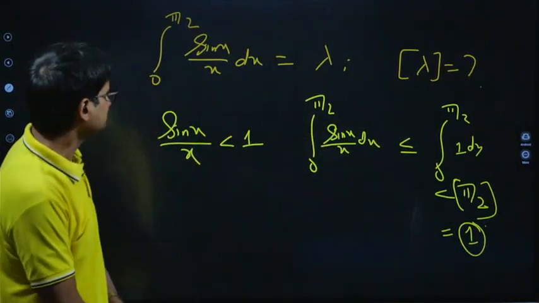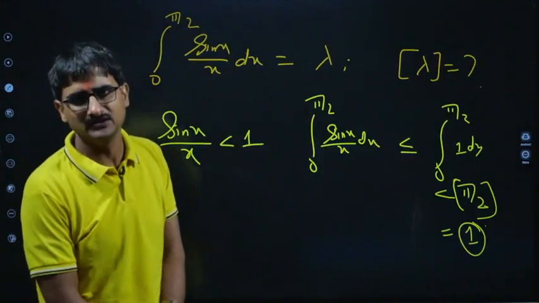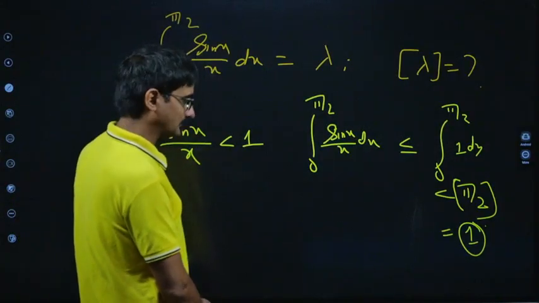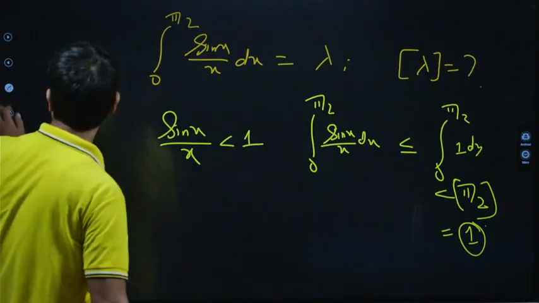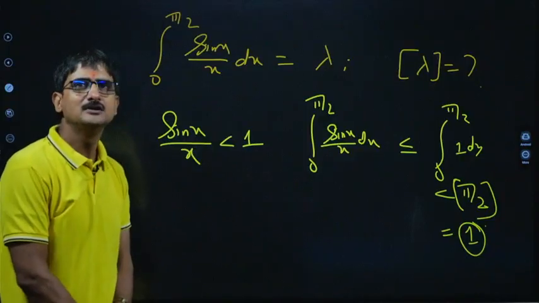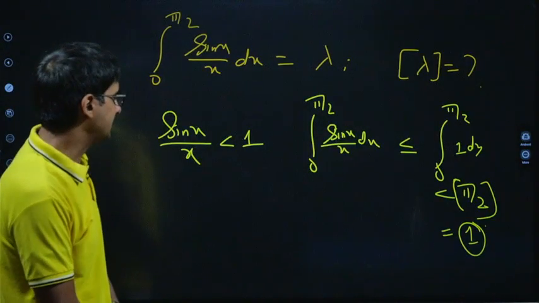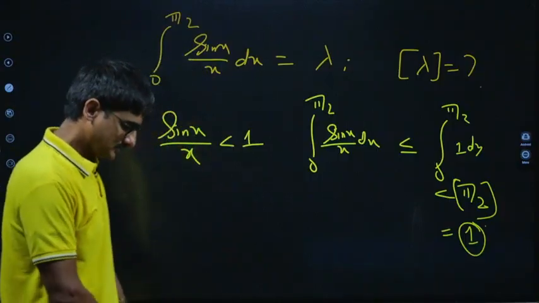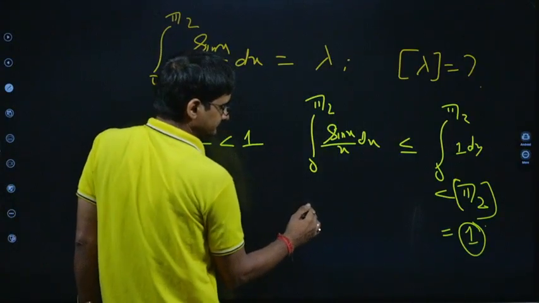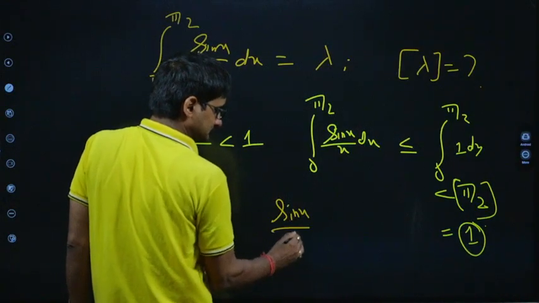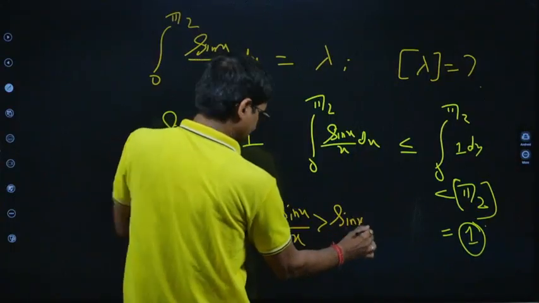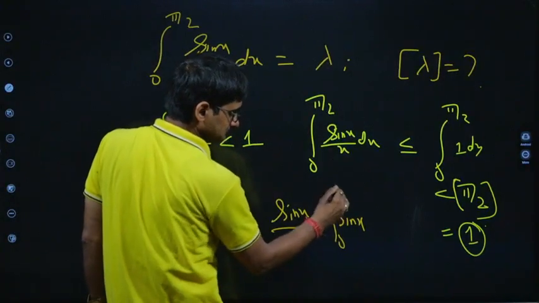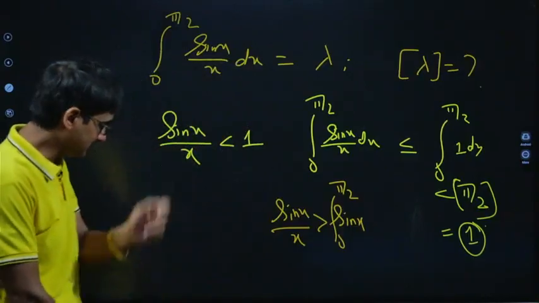Okay, so whatever value it is, it has to be between 1 and 2, and that's what I am trying to claim here. But on the other side, we need to find the lower limit also. So for that you can just try to get it. How can we do it? From 0 to pi by 2. Pi by 2 is greater than 1. It's greater than 1. But that will be the case when x is greater than 1, isn't that?